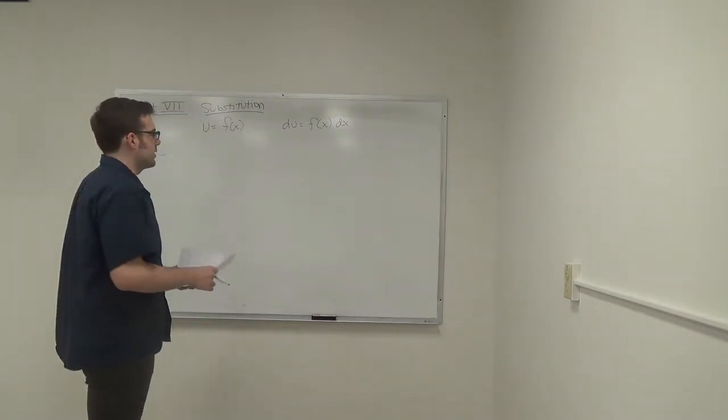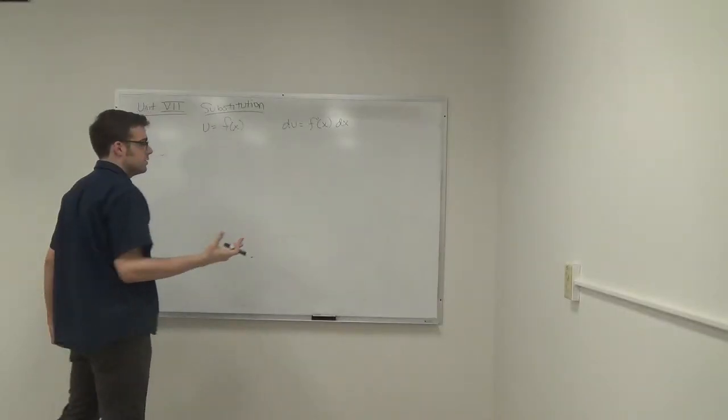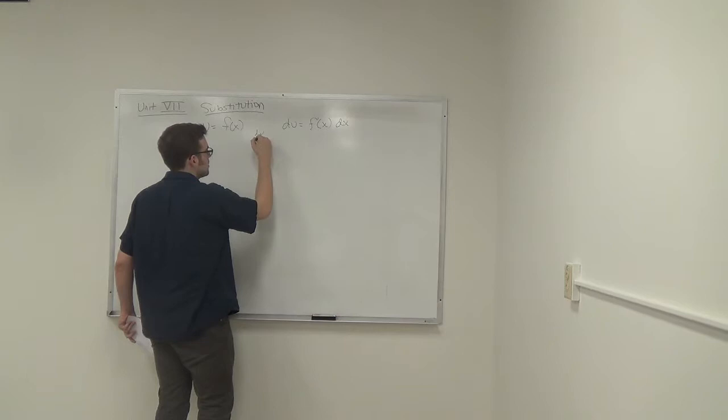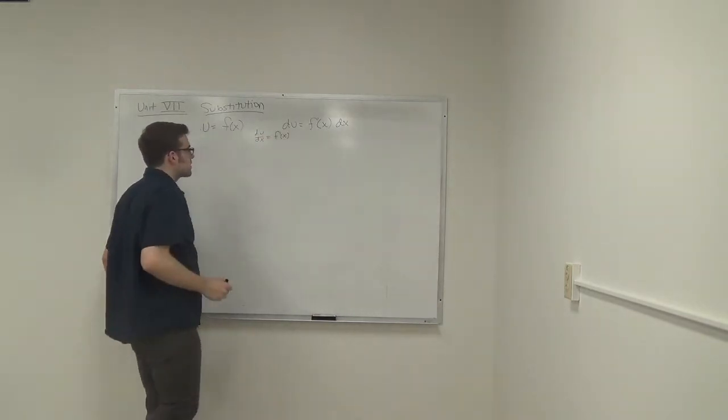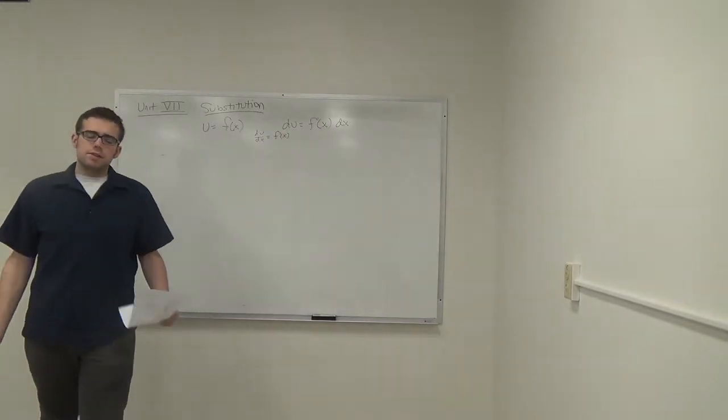And if we think about it for a second, we know that we can do this because if u is f of x, du/dx is equal to f prime of x. So we're able to just carry over the dx.